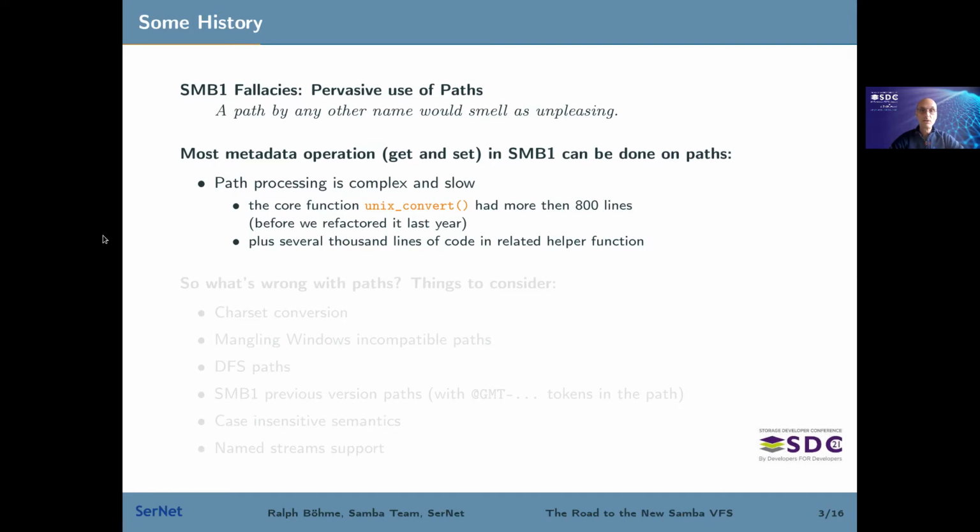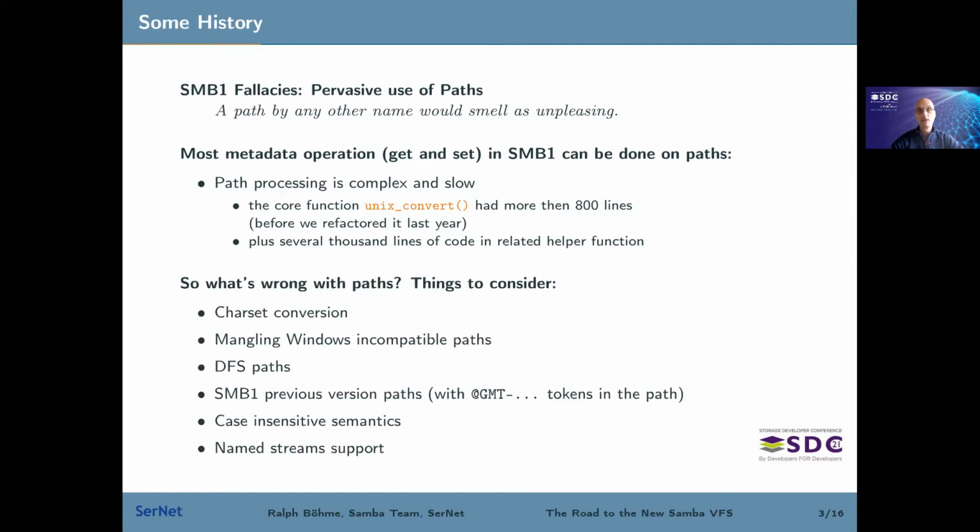The core function, unix_convert, had more than 800 lines before we refactored it last year, plus several thousand lines of code in related helper functions. So it's a lot of code that does a lot of complex things: charset conversion, mangling Windows-incompatible paths, DFS paths, SMB1 previous versions paths, case-insensitive semantics, named stream support, and probably more stuff.